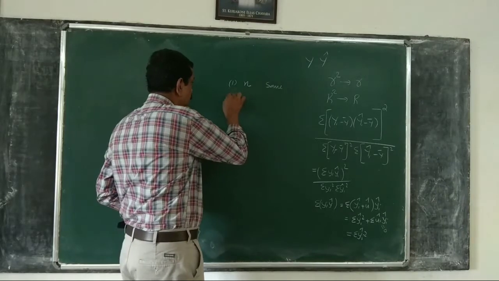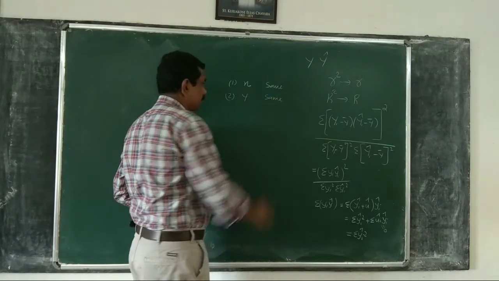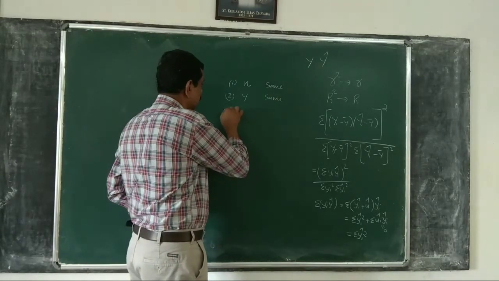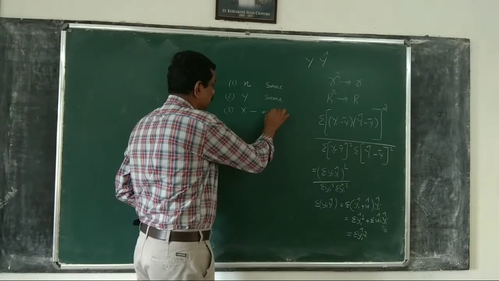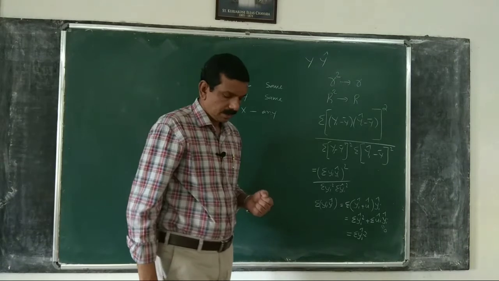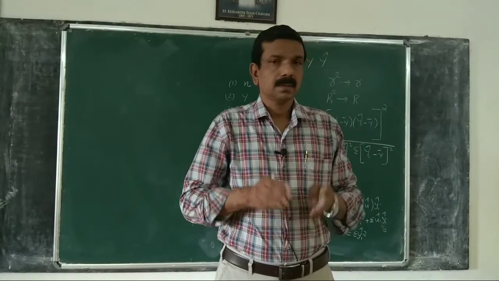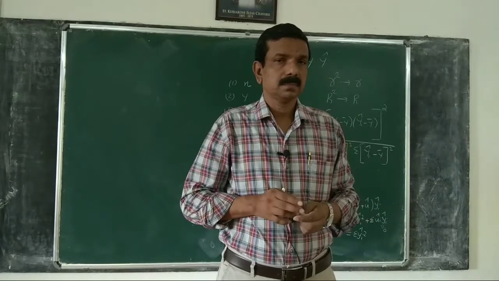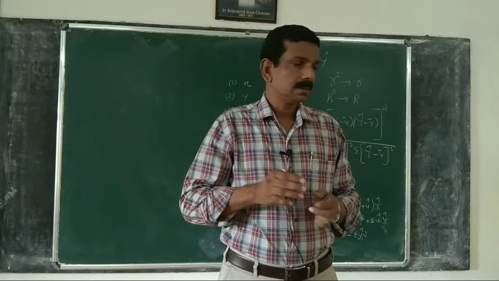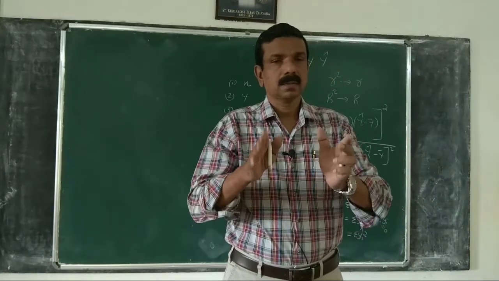Second, y must be the same. X can have any form, any number. So if you want to compare two models based on R square, you must ensure that the sample size is the same and that y is the same. But x can have any number.